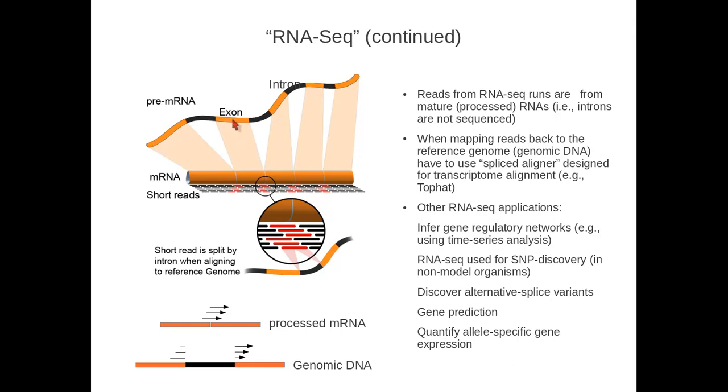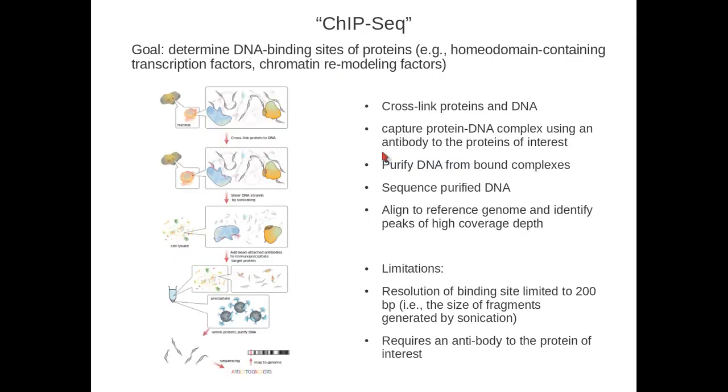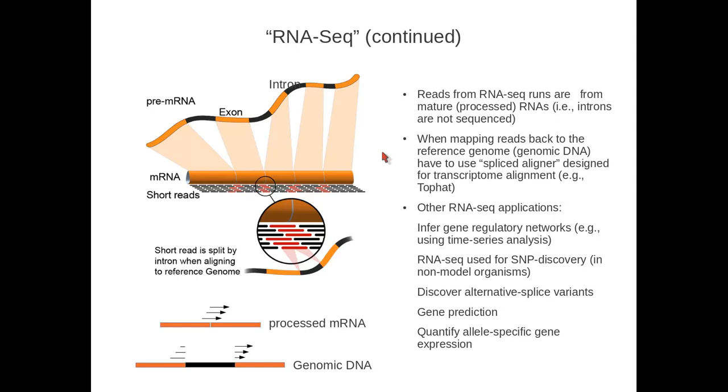You can always remember exons if you're not a biologist, because these are the parts that exit the nucleus, whereas the introns are spliced out, so they're removed, and then the exons are spliced together to form the mature transcript, or what I call the processed mRNA. So this creates a problem when it comes to read mapping.